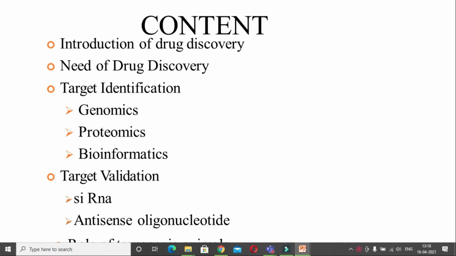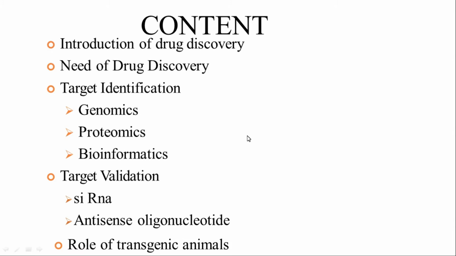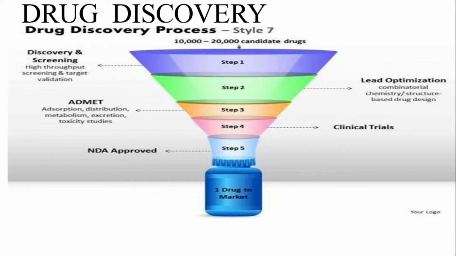First is introduction of drug discovery, need of drug discovery, target identification, some brief idea about genomics and proteomics, bioinformatics, target validation, and transgenic animals. If you make a funnel-like structure of drug discovery, you can understand the steps by this diagram.